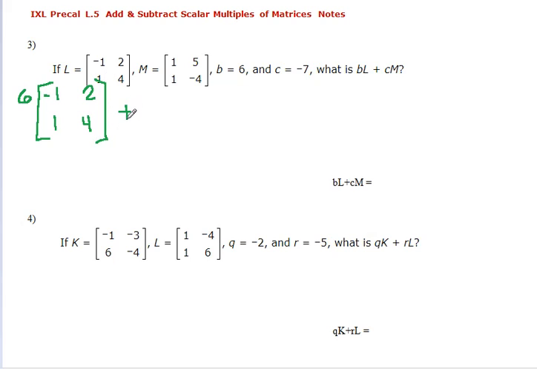We're going to add that to negative 7 times this matrix, 1, 1, 5, negative 4.